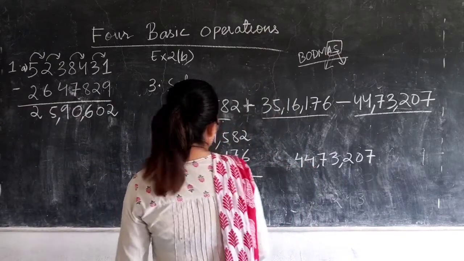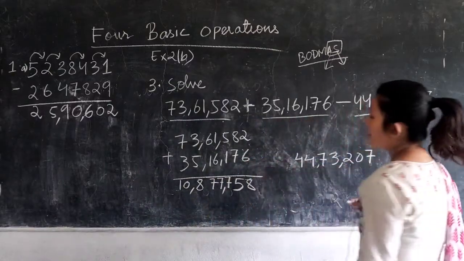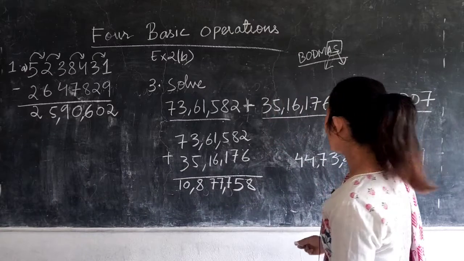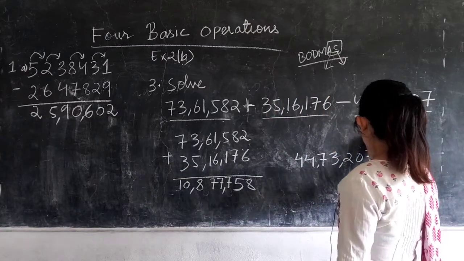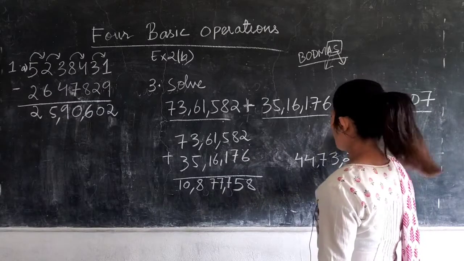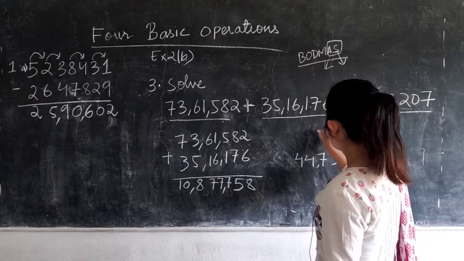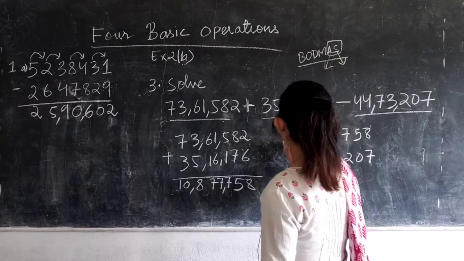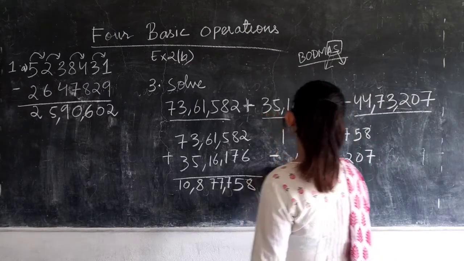Now with the third set of numbers you have to subtract from the answer that you get from addition. Okay, so here you need to subtract.